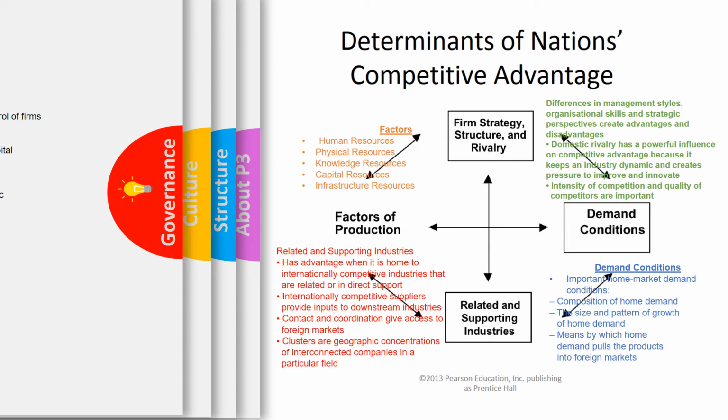So while describing Porter's diamond model above, we touched upon the German car industry, but now let's use it for a complete example. So to understand the national competitive advantage that the German car industry has, let's look at each of the 4 determinants in turn. Now, it's worth noting that they don't exist in isolation, they all interact with each other. So first, let's look at factor conditions.